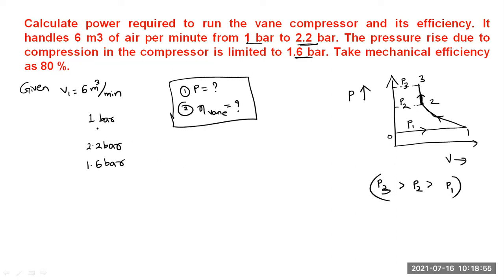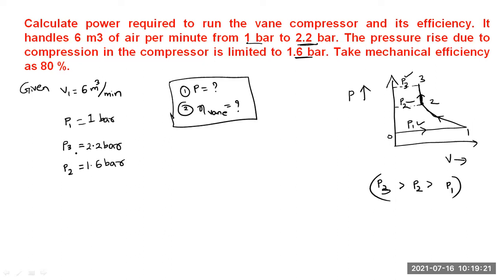Okay. So which one is the lowest pressure among 1 bar, 2.2 bar and 1.6 bar? 1 bar is the lowest one. So 1 bar will represent P1. Which is the highest pressure? The highest pressure is 2.2 bar. So the highest pressure means P3. So this 2.2 bar represents P3. And which is the intermediate one? That is P2. So P2 will represent the intermediate pressure.